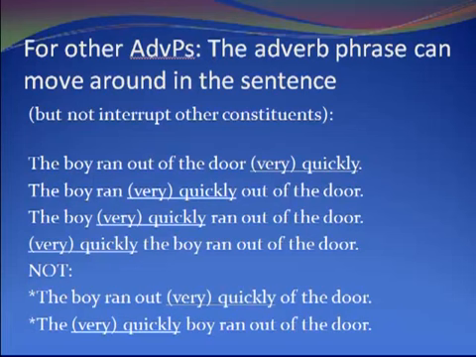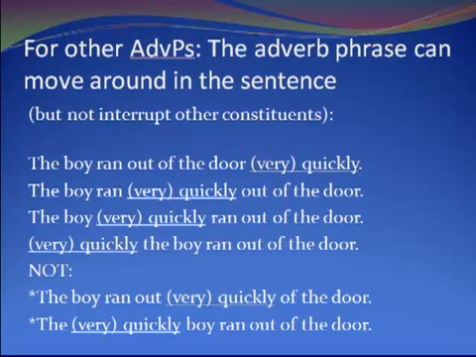Now, the important thing is that they can't interrupt other constituents. Yeah, so you can't say something like the boy ran out very quickly of the door. And that's because out of the door is a prepositional phrase. You can't just stick an adverb phrase somewhere in the prepositional phrase.